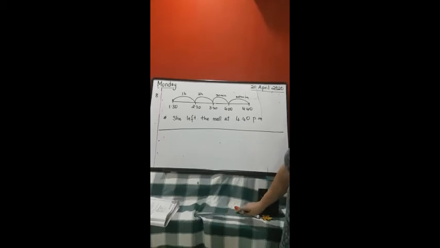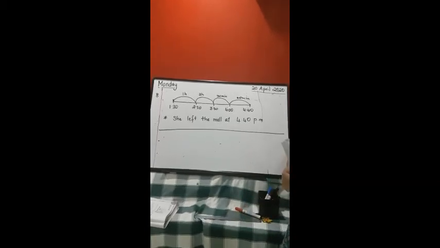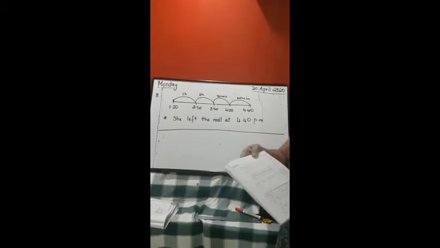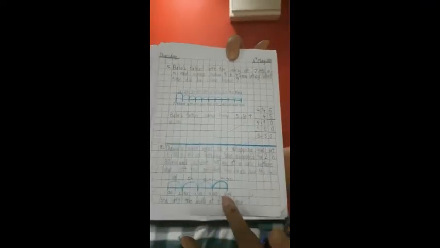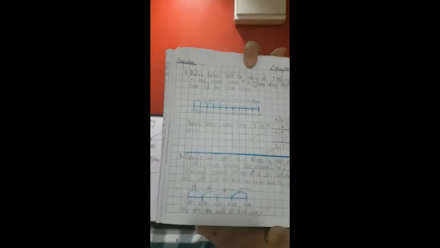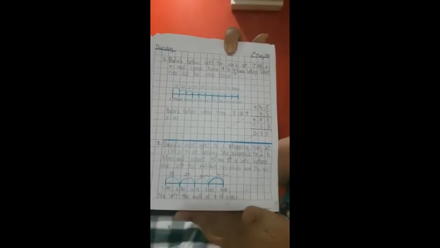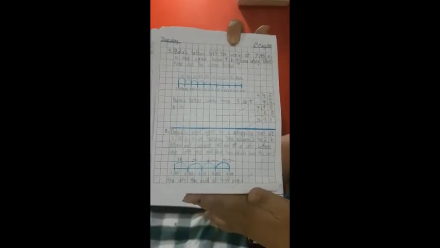Alright? I'm going to show you the book. See how the work is done in the exercise book. This one, the bottom one. Okay? Number 8. Look at number 8.